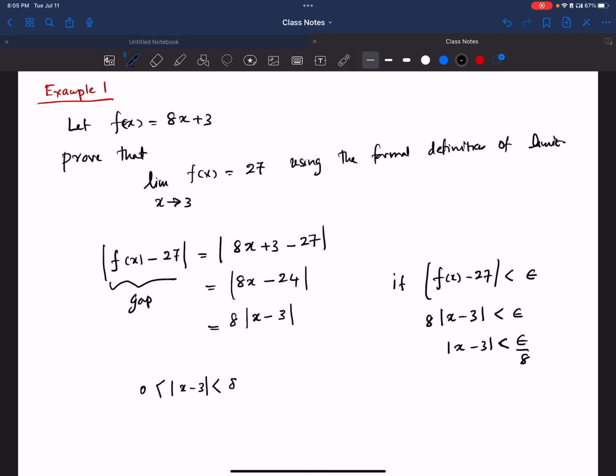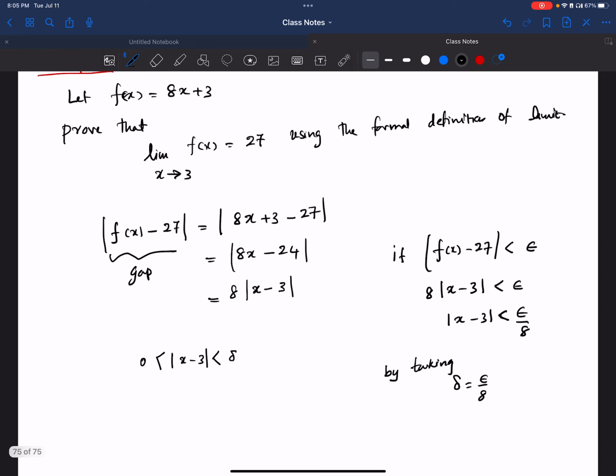What do you mean? Now, by taking delta equals epsilon divided by 8, we find some delta for each epsilon that satisfies this inequality.